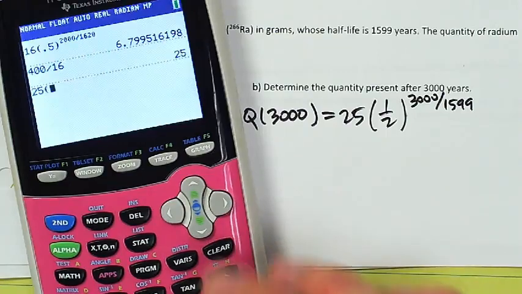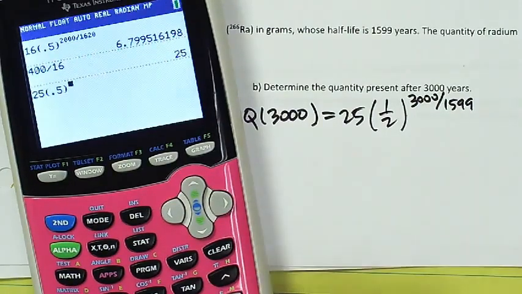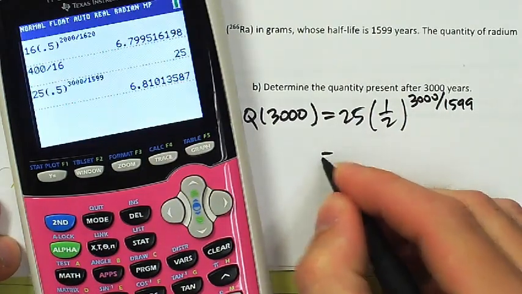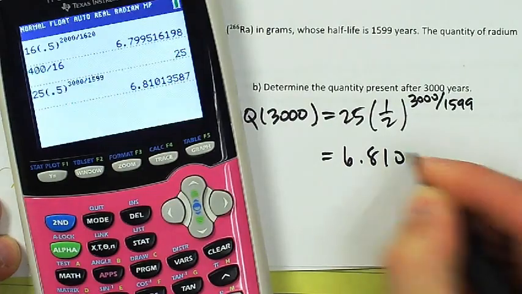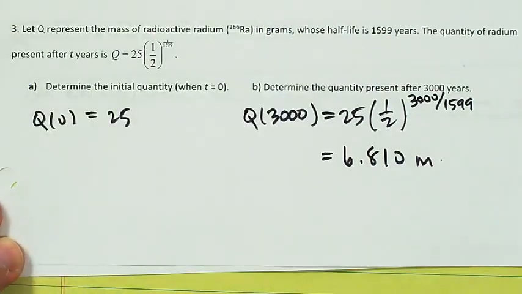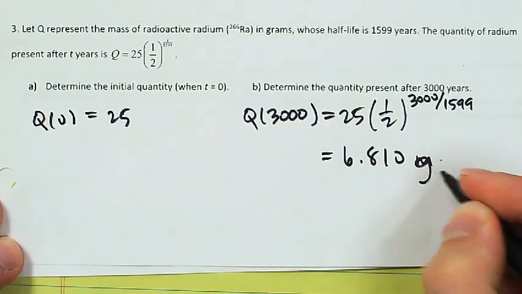Okay, 25 times 1/2 to the power of 3,000 divided by 1,599. I get 6.810 milligrams. No, grams.